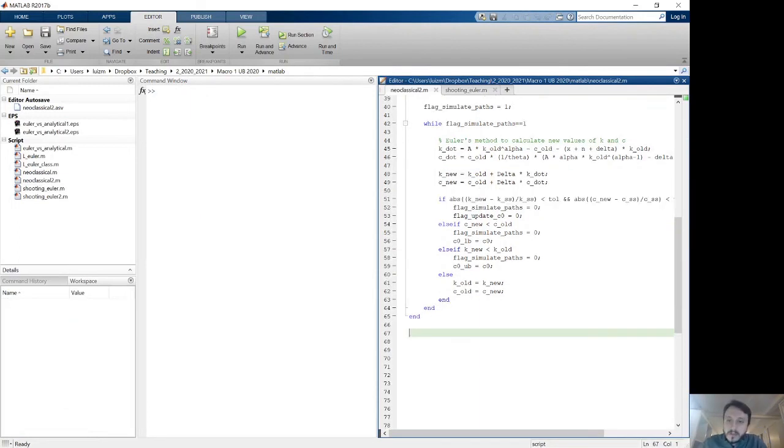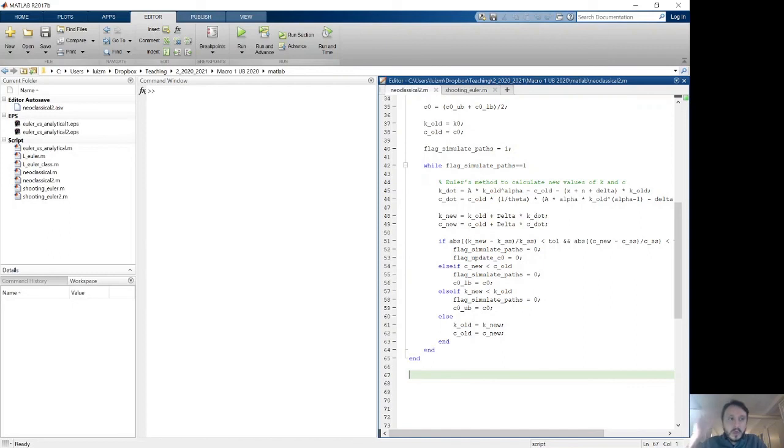Notice here that when we simulate the paths of some variable, let's say capital, we define K-ode, then we define K-new to be the next value of capital in the path, and then we define K-ode as the K-new, and then we compute K-new again, a new K-new, okay? So this means that we are not storing the values of the path at each point in time.